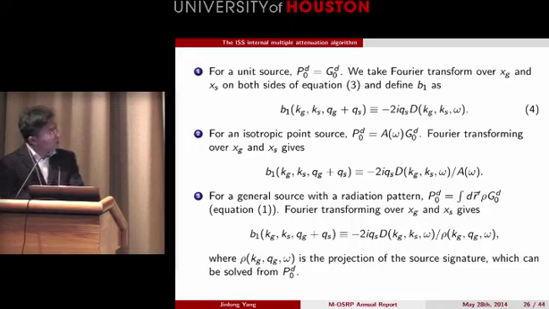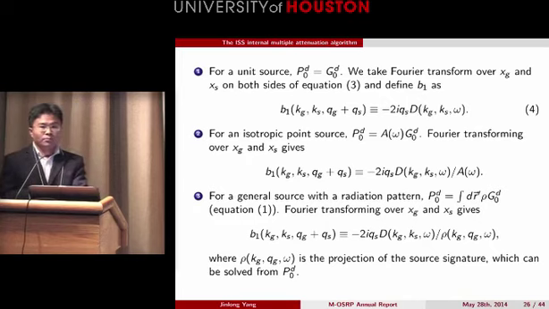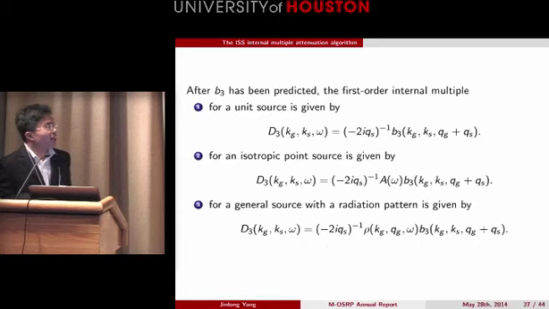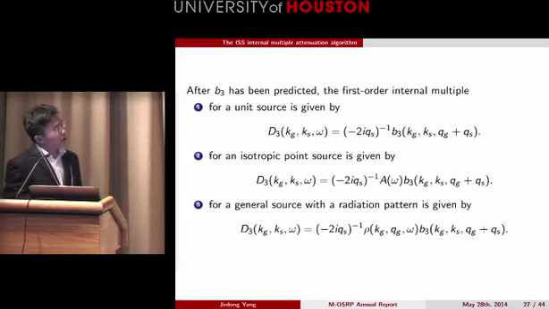So after getting the input of the internal multiple attenuation algorithm, we can input B1 into the previous slide to get B3. Similarly, after we get B3, we need to combine the projection of the source signature back to get the data to compare with the original input data.